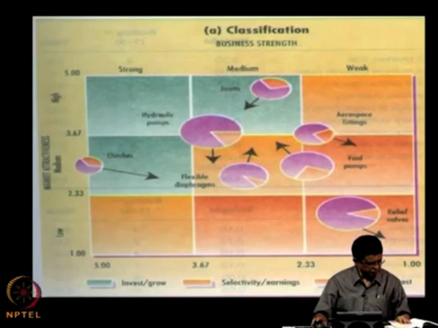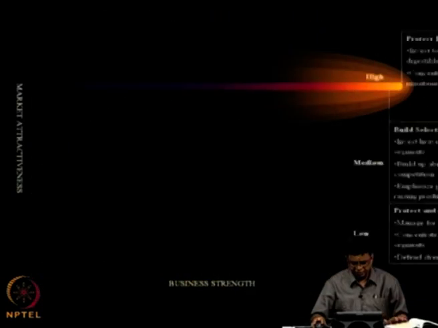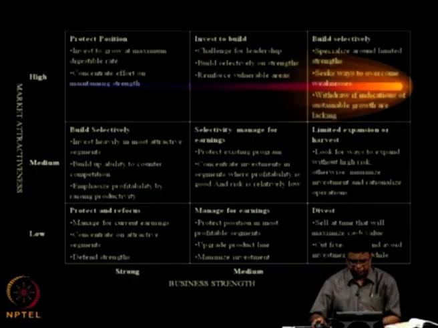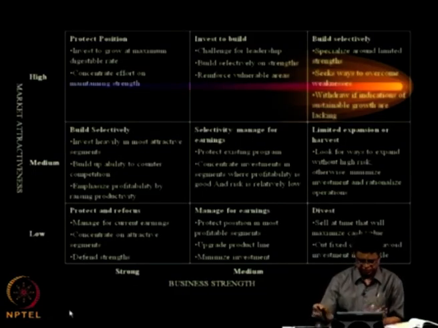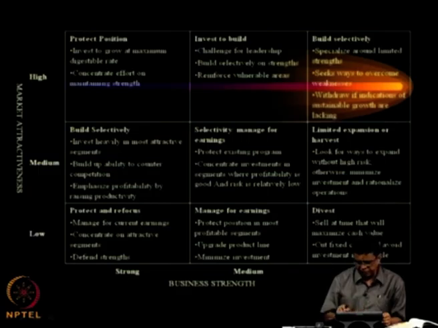Now, when you look at the type of strategies that can be drawn, this is presented to you in this slide. Let us say your business strength goes from strong to weak, you are going this side.